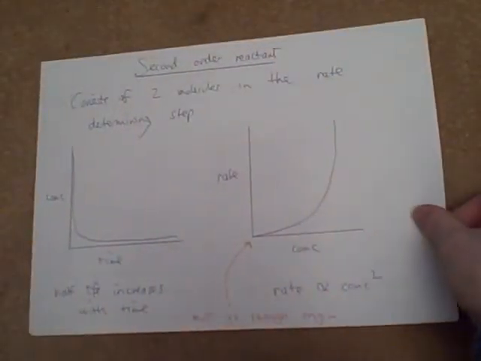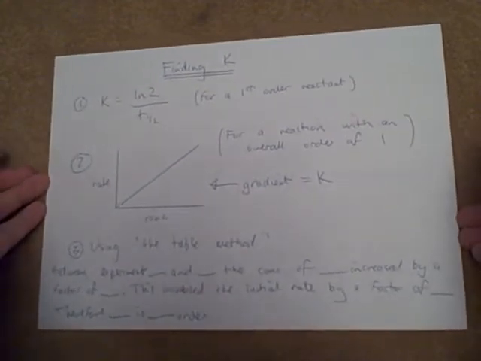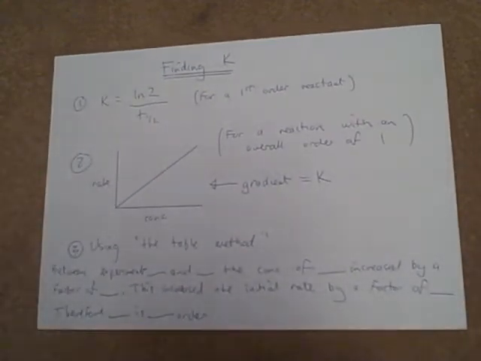Okay, so on to different ways of finding K. So if you have a first order reactant, K is equal to the natural log of 2 divided by the half-life.